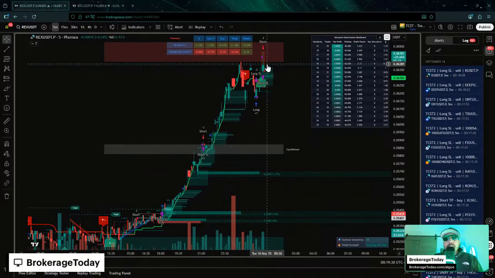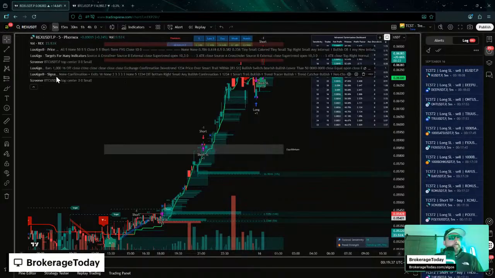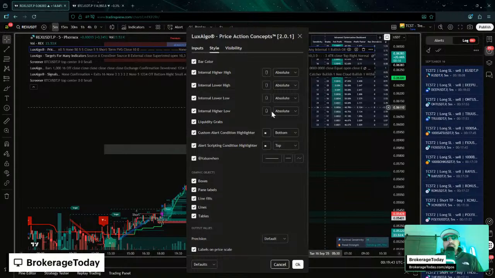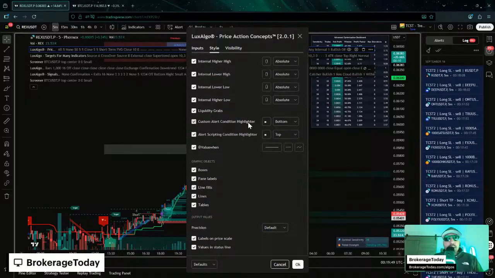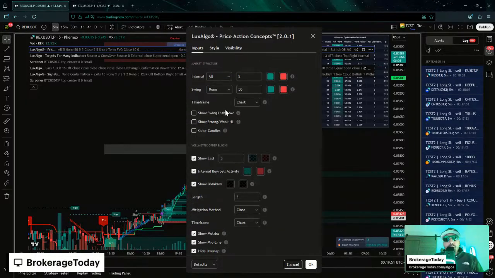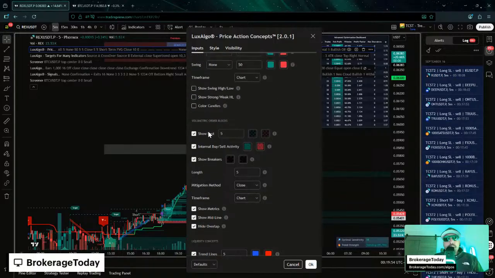Okay, so here's how you spot the liquidity grab. You're going to need the Lux Algo price action concepts indicator added to your chart. And what you're going to do is check in the settings.